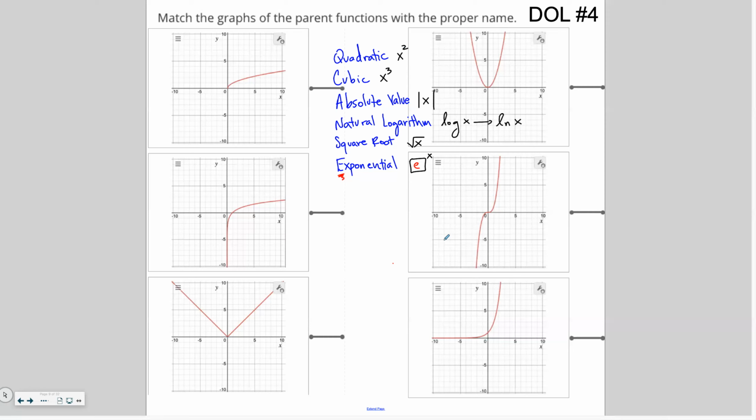Questions? Yes, ma'am. Are you talking about here, or are you talking about the list of names? These two? This one starts at the origin.